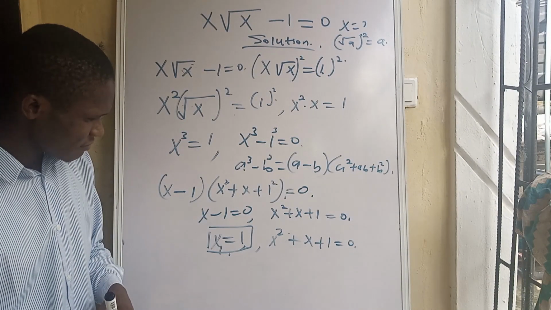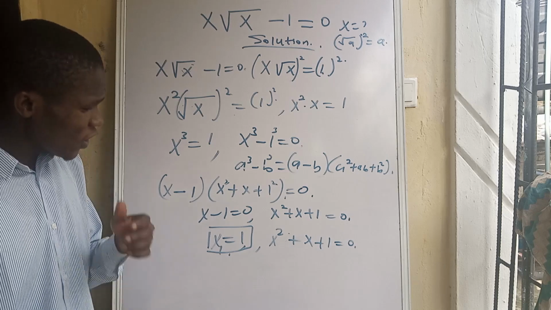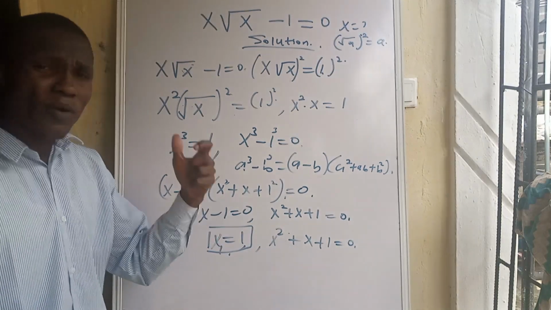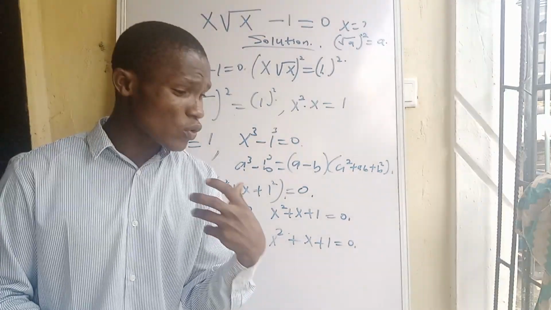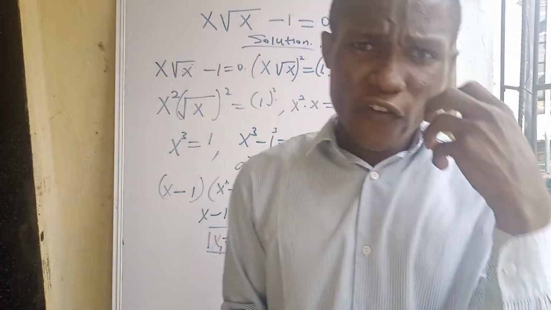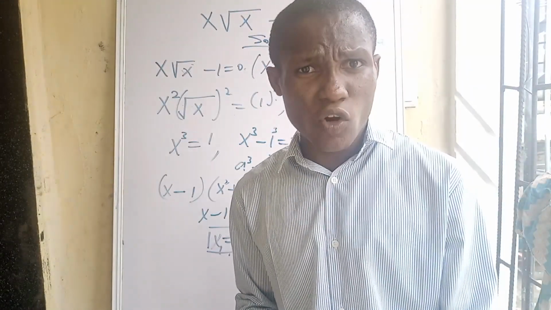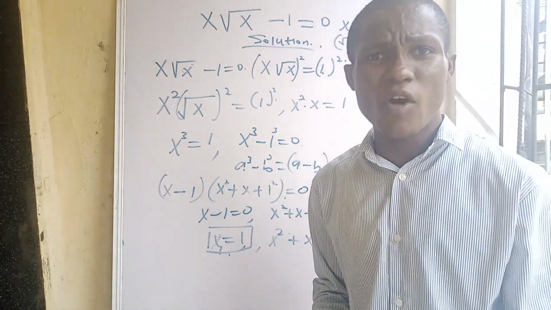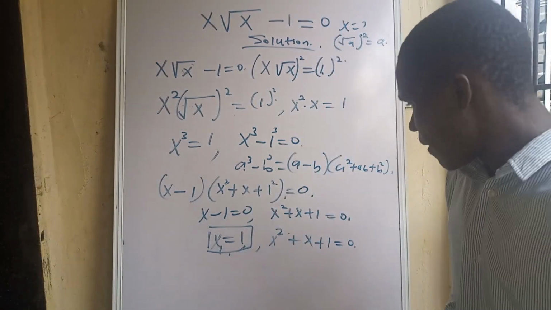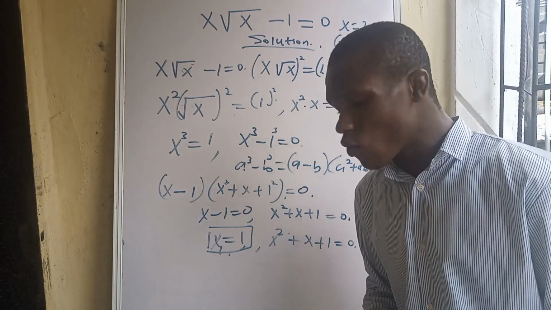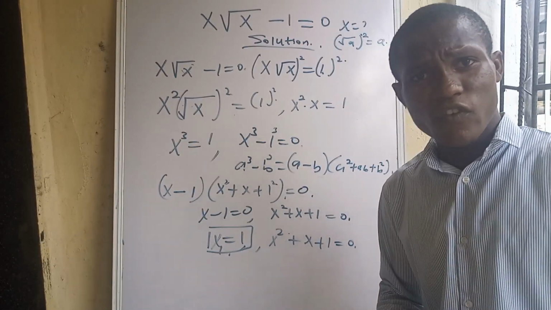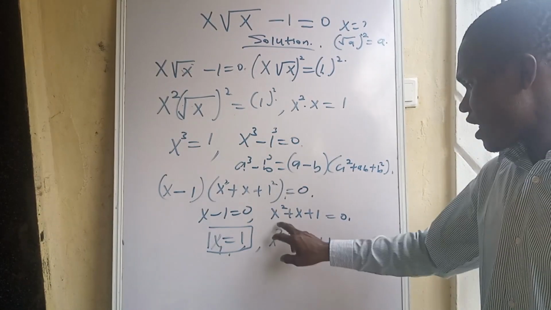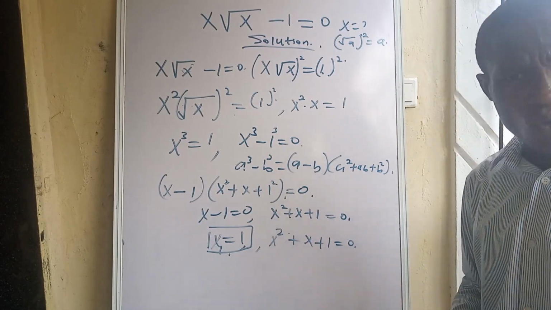Some people prefer using the completing the square method, but in order to save time, because one thing about mathematics is that you must be accurate enough and fast enough to solve in the course of an exam, in today's video we'll be using the almighty formula, or the quadratic formula, to solve x squared plus x plus 1 is equal to 0.